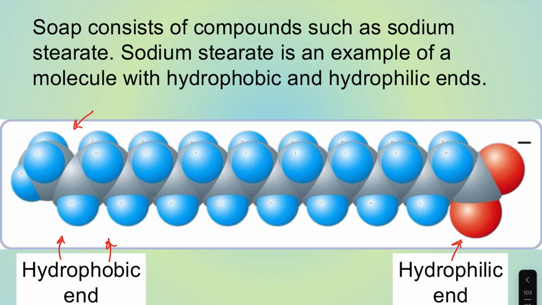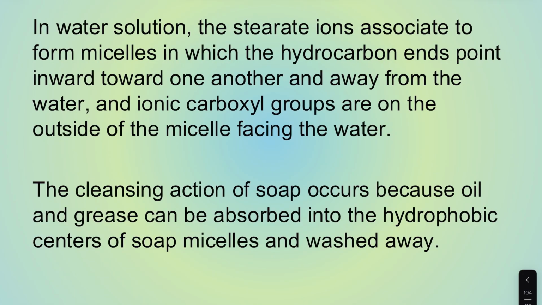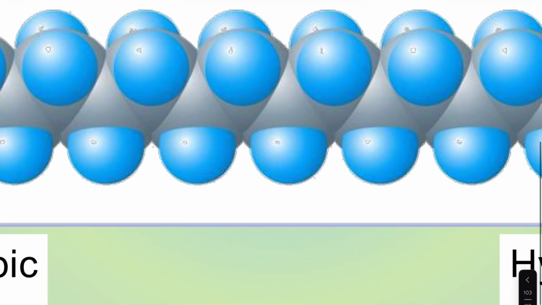The hydrophilic end is going to be attracted to the water, and this is how you can remove the grease from things. So all of these end up surrounding, let's say that you have like a little chunk of food. You have all of these ends going and surrounding that chunk of food, and they're able to remove it. They're able to basically dissolve it as long as the food is hydrophobic.